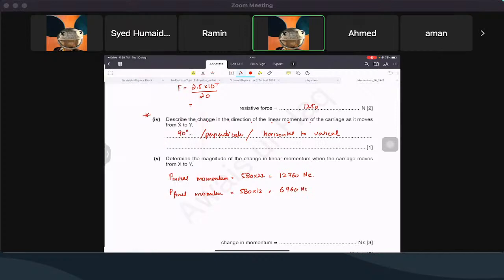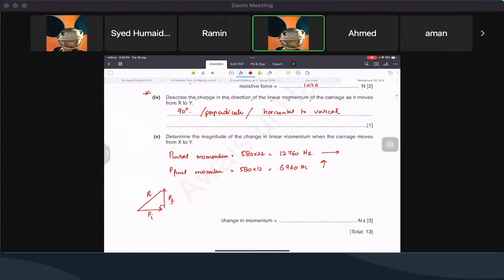But this is horizontal, this is vertical. Because they're at 90 degrees, one is like this, one is like this, so the resultant has to be right here. This is initial momentum, this is final momentum, and this is 90 degrees. So we have to find it through the Pythagoras theorem. The square root of 12760 squared plus 6960 squared will give you the resultant momentum.